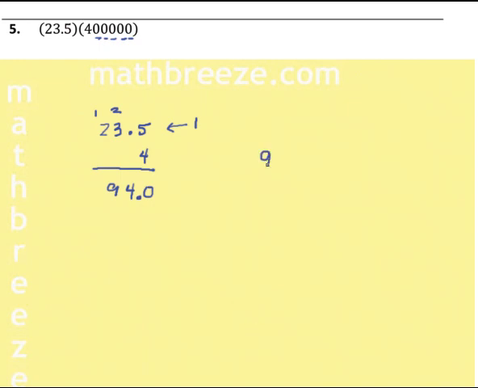All right, and now we're ready to move our decimal point over 5 places because we aren't really multiplying by 4, we're multiplying by 400,000. So let's start counting 5 places. So here we have 1, 2, 3, 4, 5. All right, so our final answer, our product, is 940, and then 0, 0, 0, 0, 4 zeros.